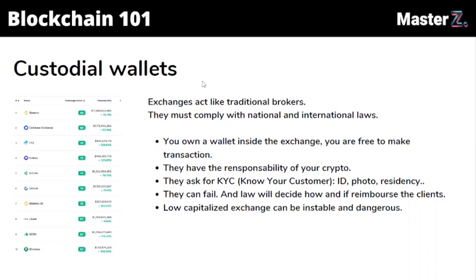If you have a Ledger or a Trezor, which are the most famous cold wallets, you have to sign the transaction with this USB and press some button, something that a bot cannot do. So it's safer. But that's also why it's very slow, because every time you want to sign a transaction, you have to connect this USB to your computer, open the program to manage it, and then confirm all the transactions manually. That's why it's very safe, and that's why it's very slow.